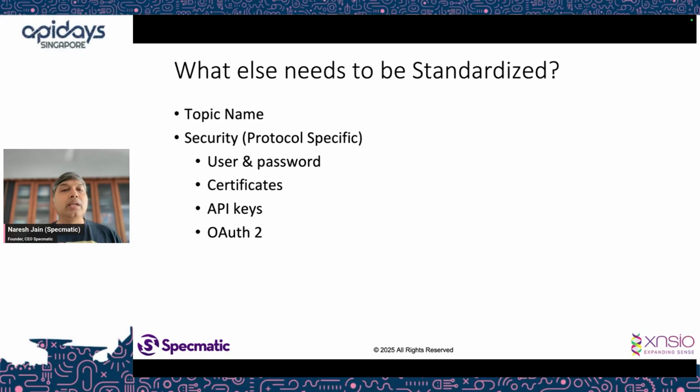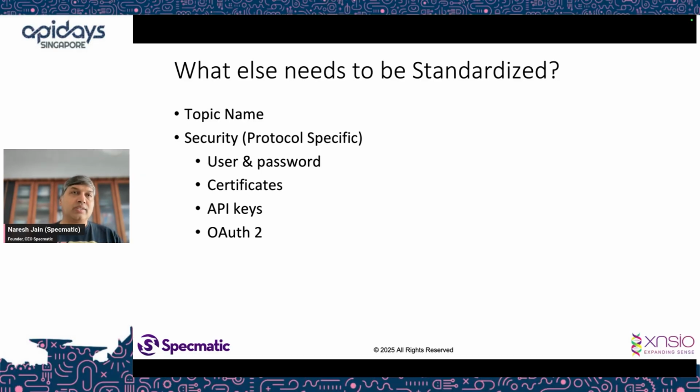And this is typically protocol specific, right? What I mean by that is, if you look at Kafka, for example, Kafka allows you to authenticate at a topic level, but not necessarily at an individual message level. While something like Google PubSub has the ability to authenticate at an individual message level.